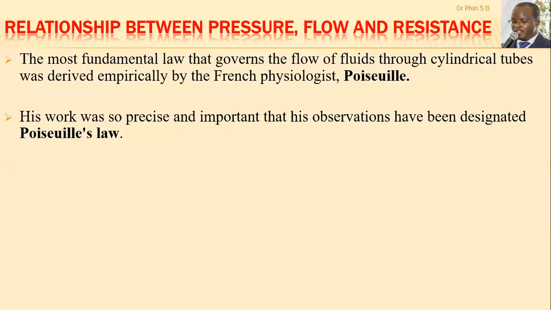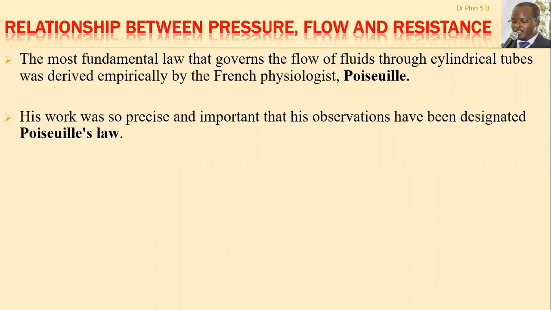The most fundamental law that governs the flow of fluids through cylindrical tubes was derived empirically by the French physiologist by the name of Poiseuille. Poiseuille is the one that looked at the relationship between pressure, flow, and resistance. His work was so precise and important that his observations have been designated Poiseuille's law.